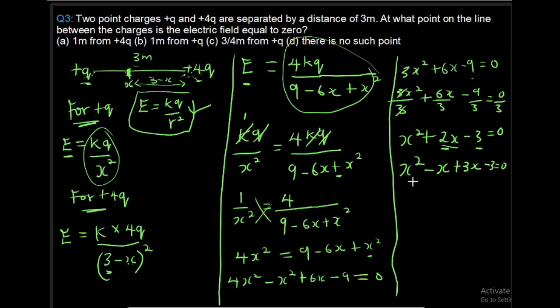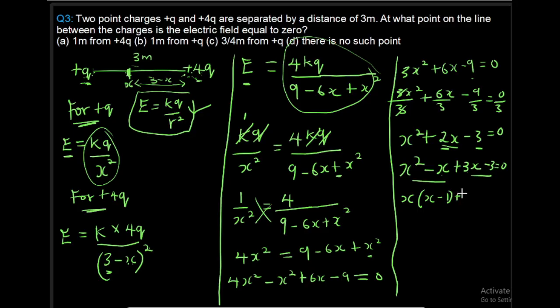All right, so group this and then we take the common factor. We have x squared minus x. The common factor here is x. So factorizing x, from x squared we'll be left with x, and from minus x we'll be left with minus 1. Then for positive 3x and minus 3, the common factor here is 3.